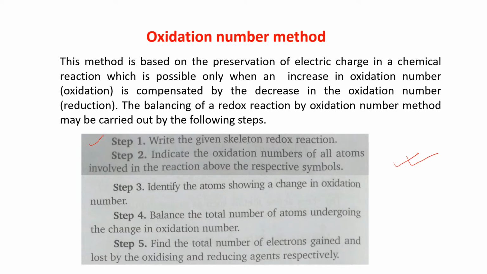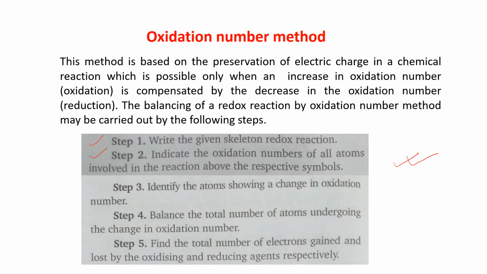That means copy the question. Step 2: indicate the oxidation numbers of all atoms involved in the reaction above the respective symbol. That means you have to write the oxidation number of all the elements in that reaction.